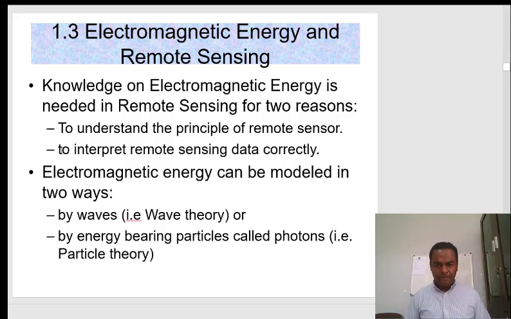Okay, this is another very good reason. In order to understand electromagnetic energy, we have two models: wave model or wave theory and particle theory. Or electromagnetic energy can be modeled in two ways: by wave or by particle.